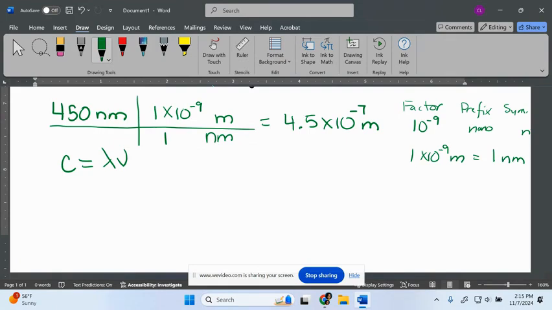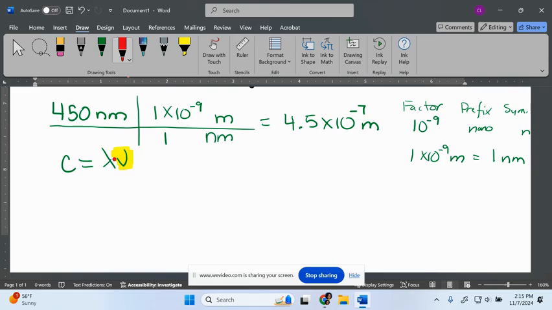Now, we need to arrange this so we are solving for frequency. If you need to, put a little dot in between these to remind yourself that you're multiplying.